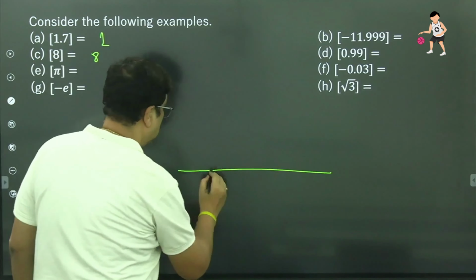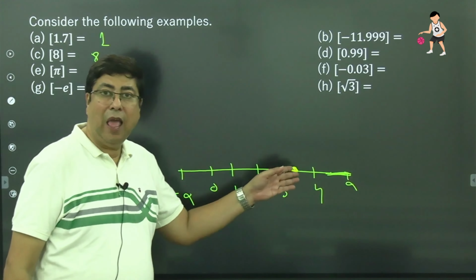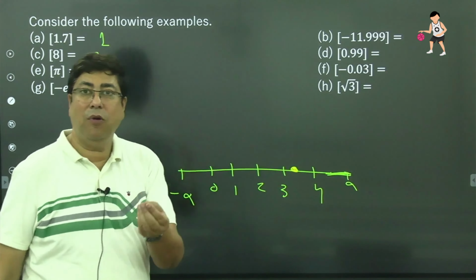Pi is approximately 3.14, so pi is here. It's obviously an irrational number, and it lies on the number line between 3 and 4. According to the definition, we have to take the lower side, that is the value of 3.